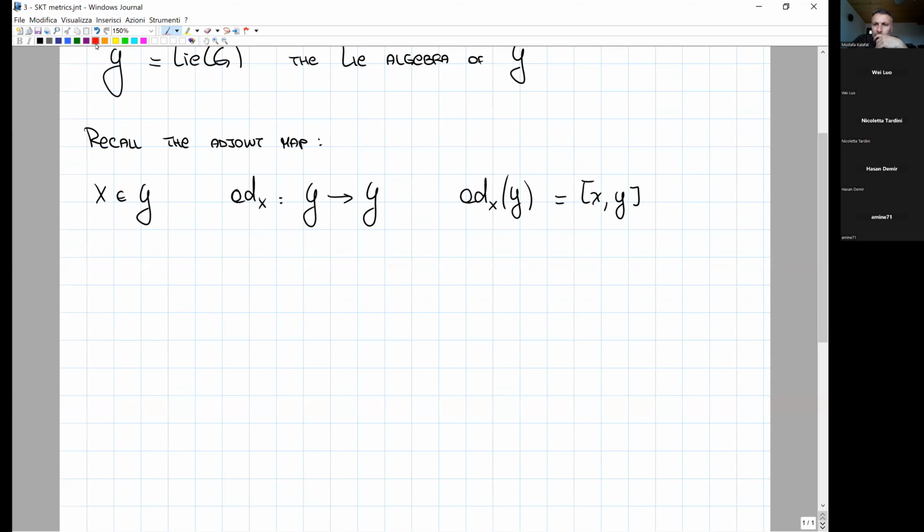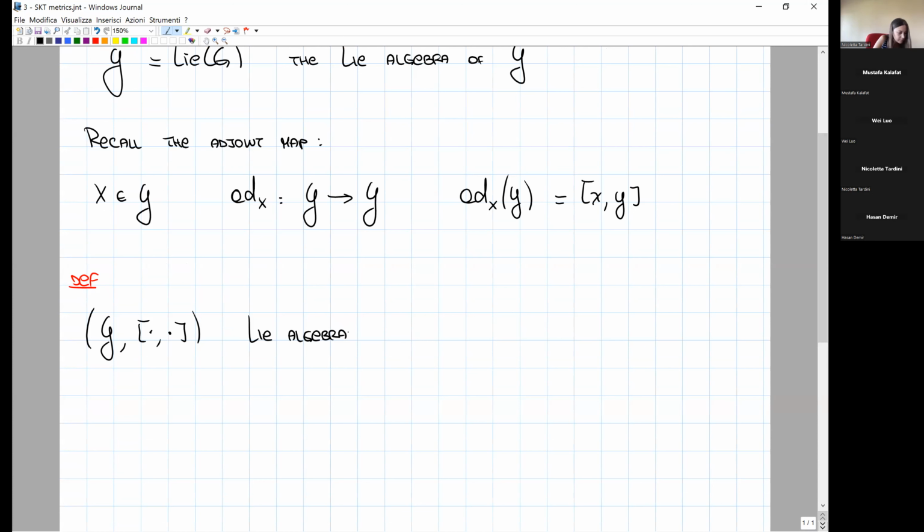Okay, so let me give you the definition of nilpotent and solvable Lie group. So let's start with G a Lie algebra. So we have the Lie bracket on G. When this is a Lie algebra, we can define the so-called descending central series in this way.